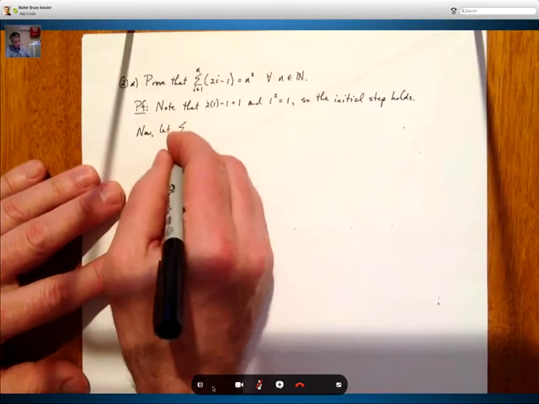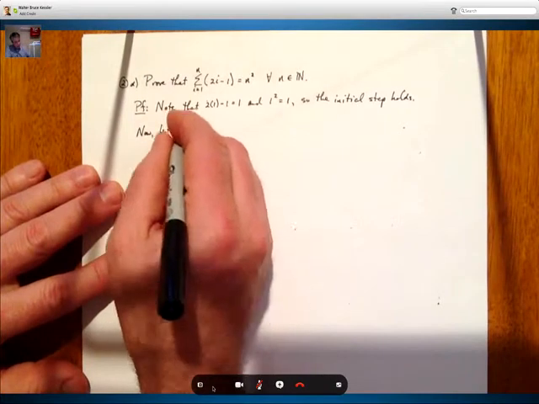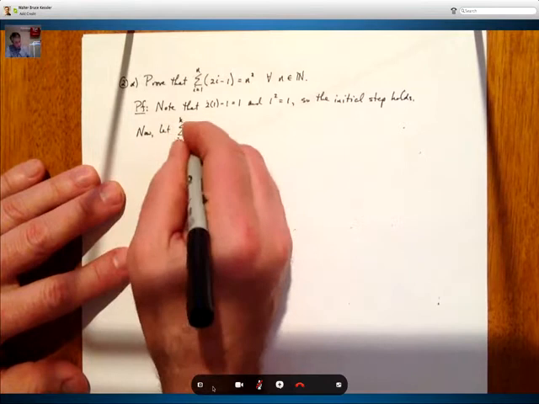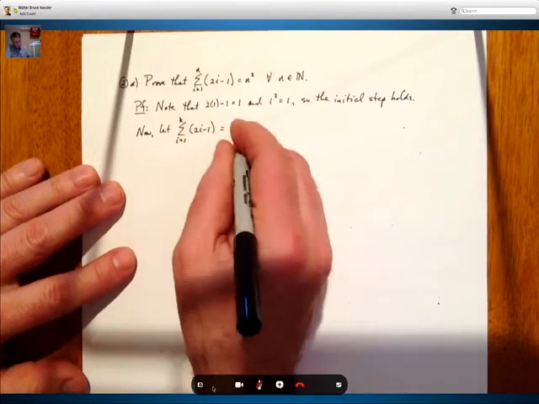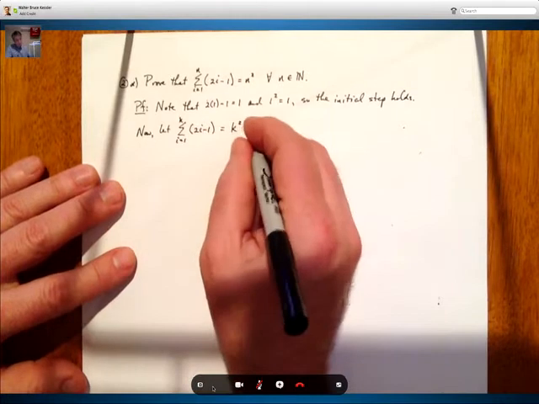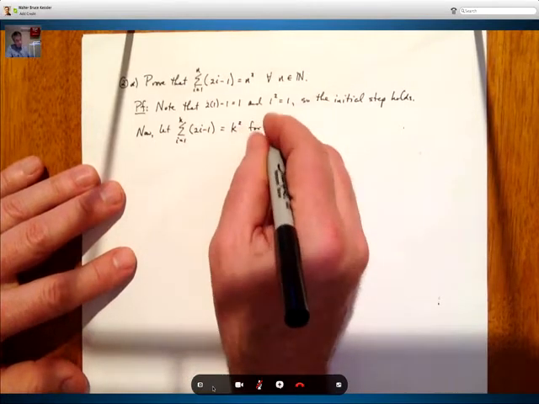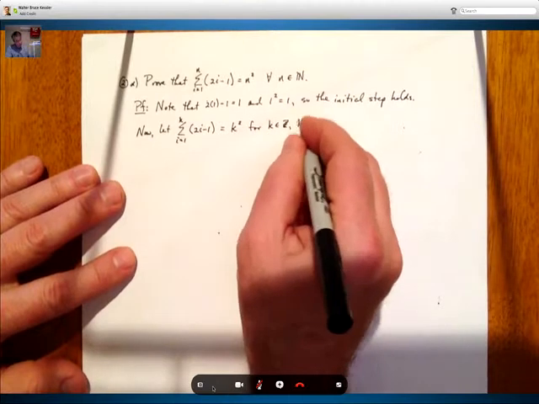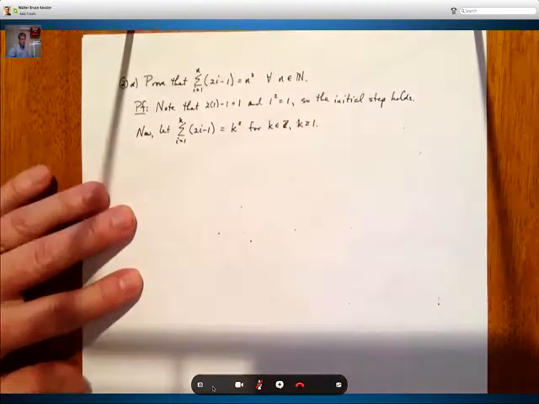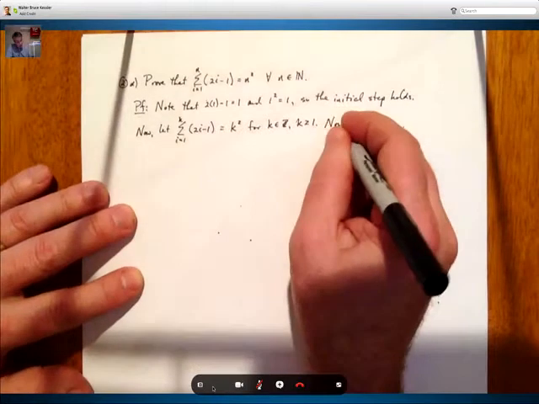Now, let's say if we take the first k odd numbers, 1 to k, that gives me k squared. For, this is very important, integer k greater than or equal to 1.